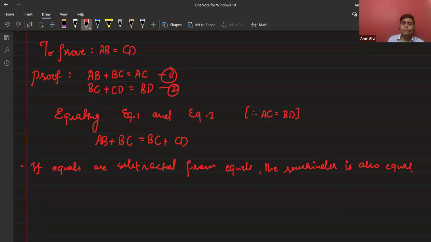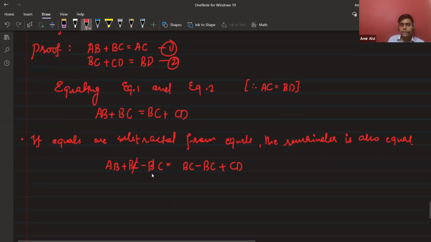Simrat, is this step clear to you, dear? Yes or no? Yes. So AB plus BC minus BC equals to BC minus BC plus CD. So this BC will cancel out this and this will cancel out this basically. So what we have got, AB equals to CD. Hence proved.